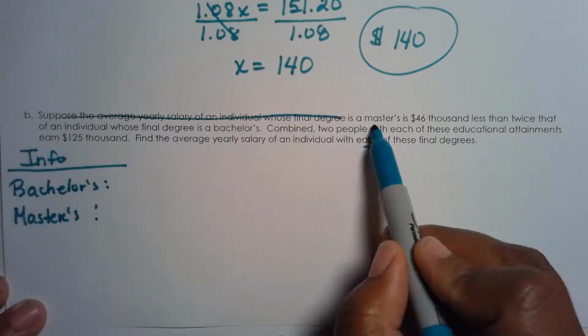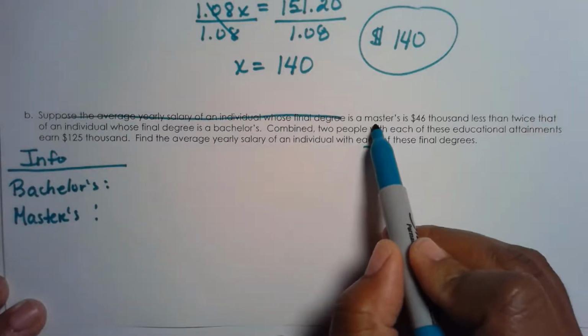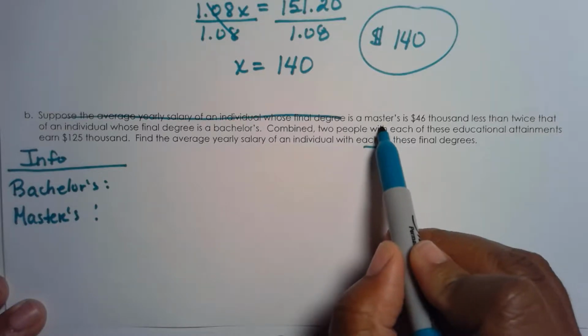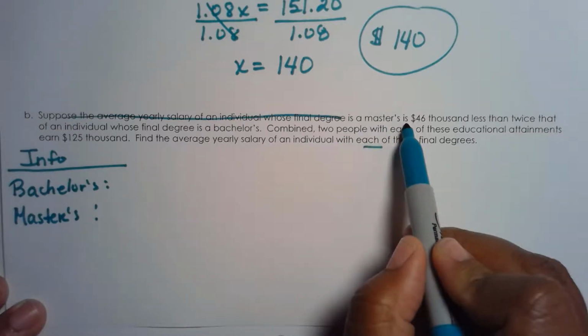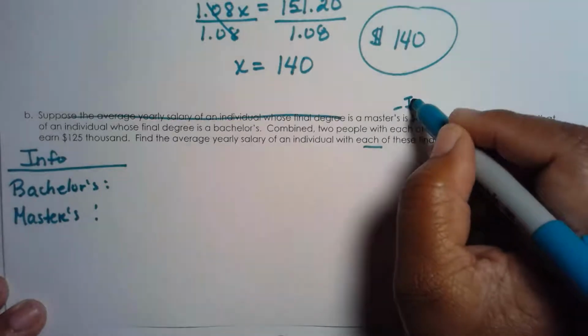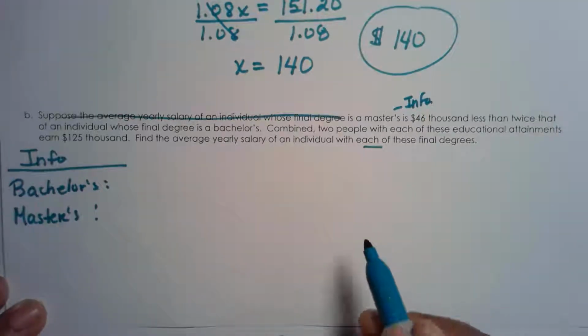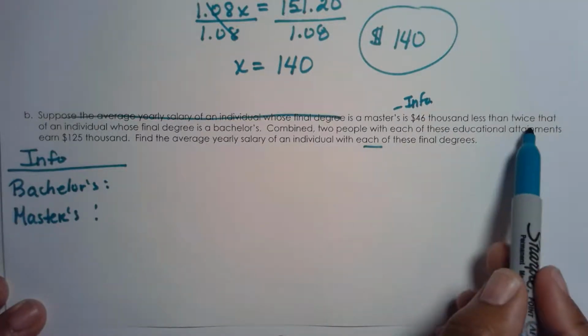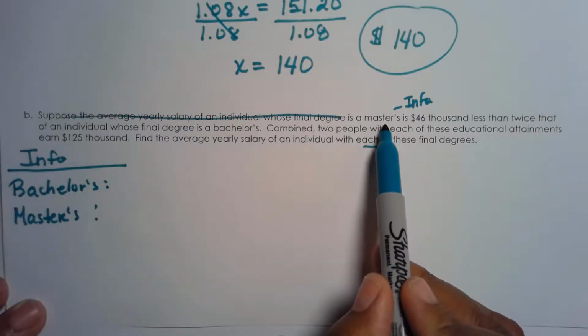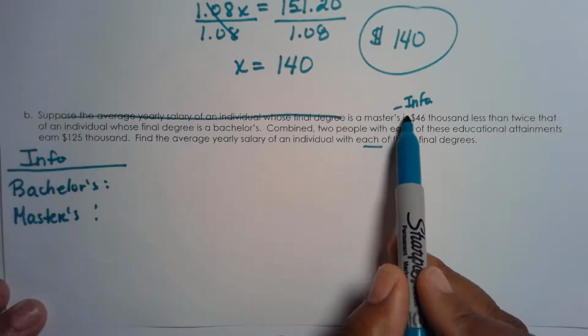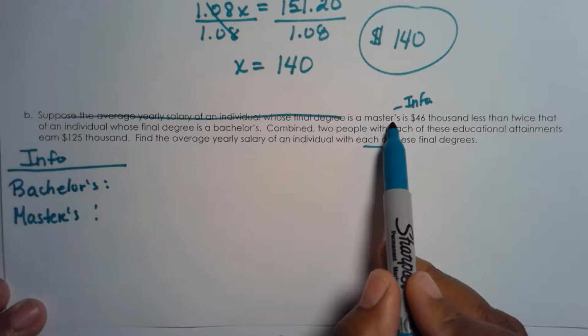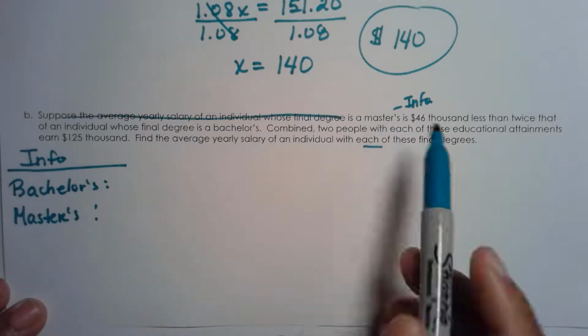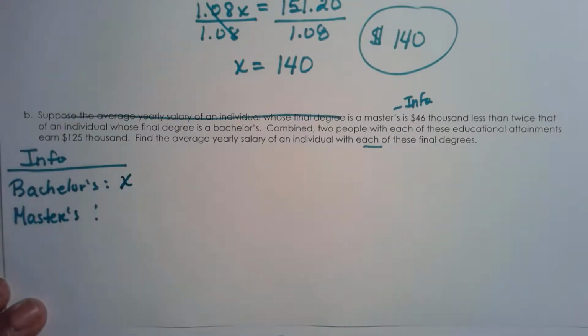But let's look at what it's giving us. It's giving us some information about the master's. So since they're giving us information about the master's, our bachelor's, we're going to let that be X.